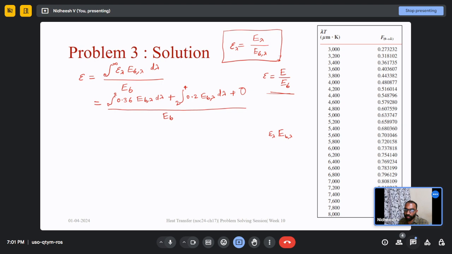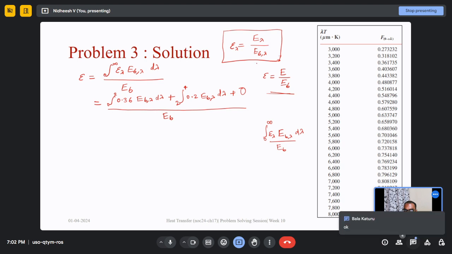We get the emissive power of a real body at wavelength lambda, right? So the ratio we want is emissive power of real body divided by emissive power of black body. Numerator is the emissive power of real body and denominator is the emissive power of black body. Is that okay?